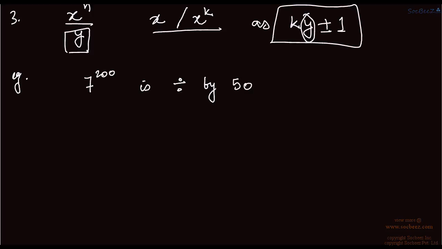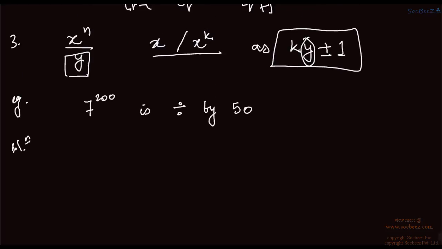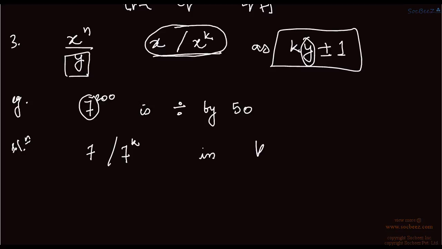So what are we going to do? We will express x or x to the power k, that is 7 or 7 to the power something, in terms of my, that is 50 plus or minus 1.